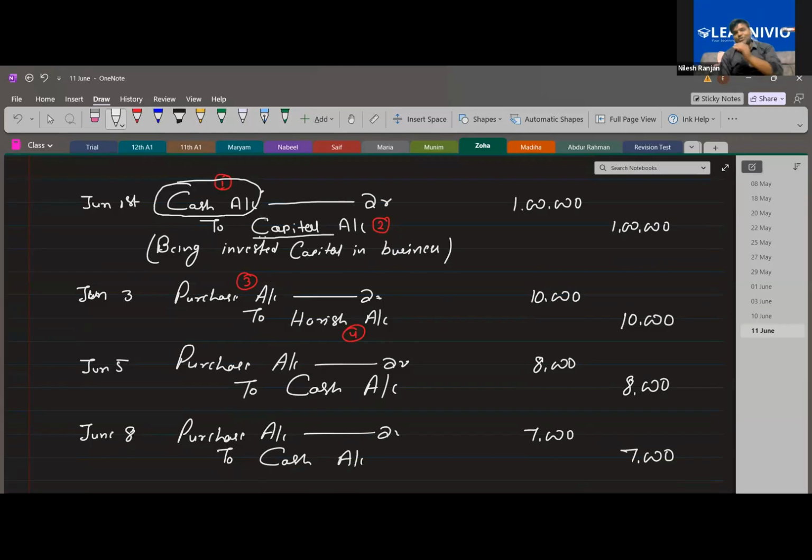It is opposite in the journal entry, I'm saying. Oh, okay. Like cash is on the debit side, so the opposite side is the credit side. So that's why capital will go in the cash account. And in the capital account, the opposite side is cash. Okay. What is your question here?